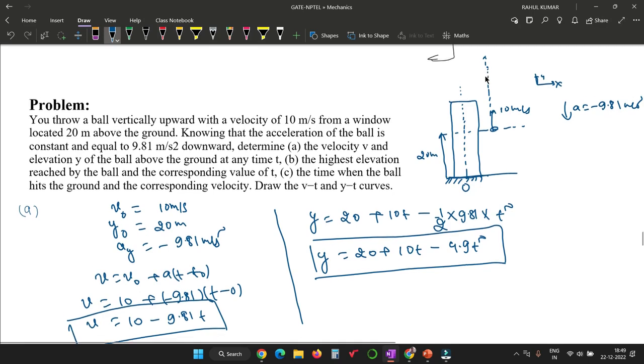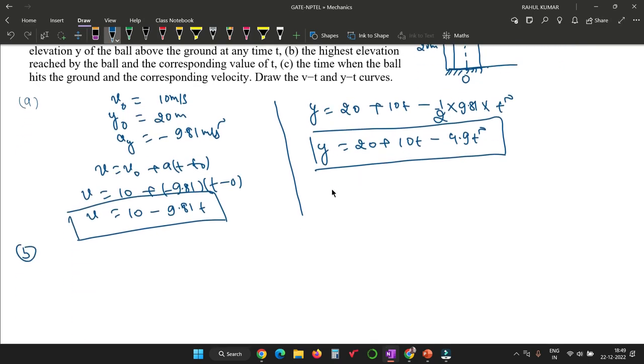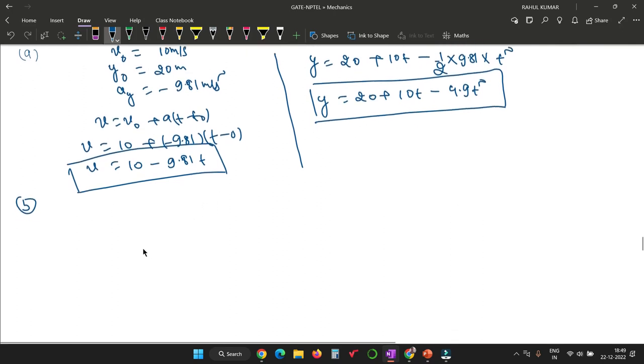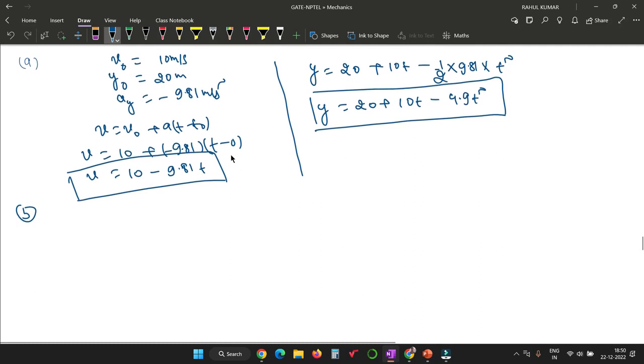There are two methods to solve it. The first method is to differentiate this and put dy by dt equal to 0, and the second is to just substitute v as 0. The smartest way is to put v equal to 0. So 10 minus 9.81 t equals 0, and you will get t equal to 1.019 seconds.